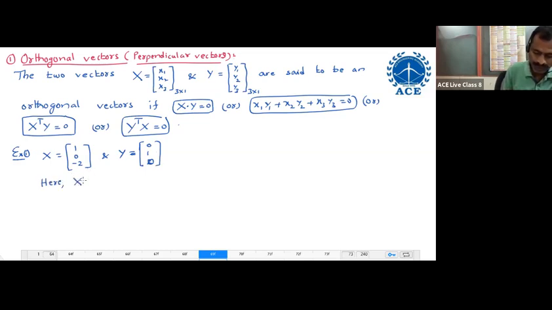Here x dot y equal to x transpose y equal to y transpose x equal to 1 into 0 plus 0 into 1 plus minus 2 into 0, that is 0, 0, 0, equal to 0. The dot product is 0, or x transpose y is 0, or y transpose x is 0. Therefore, the two vectors are orthogonal or perpendicular, so x and y are orthogonal.